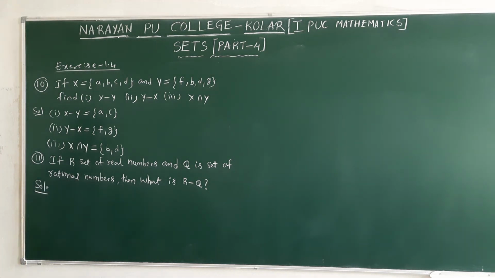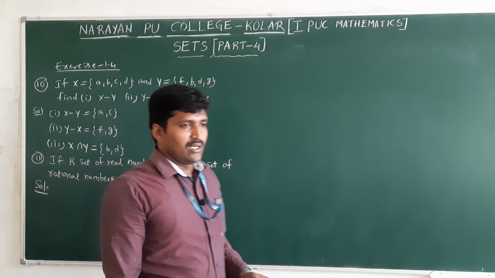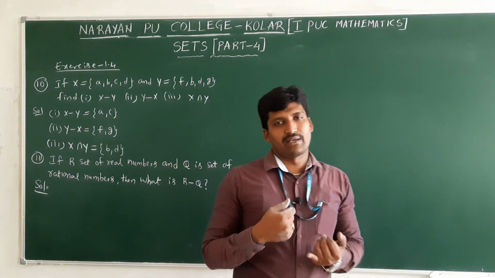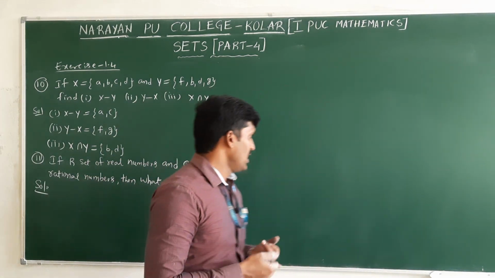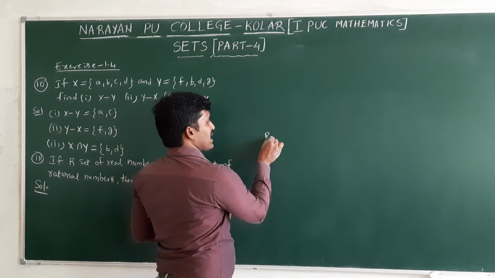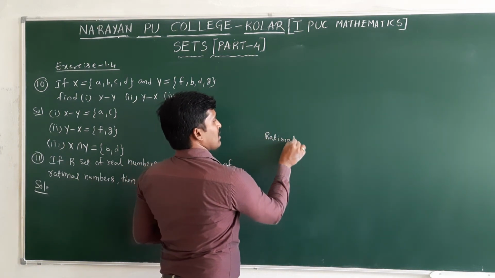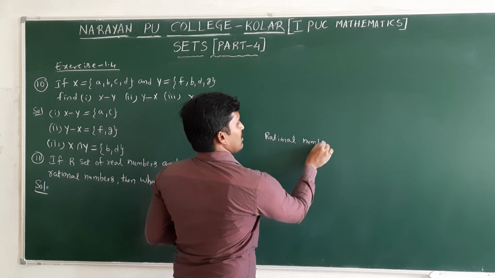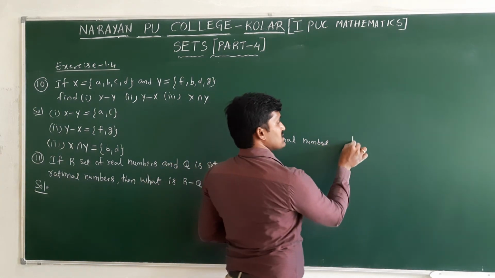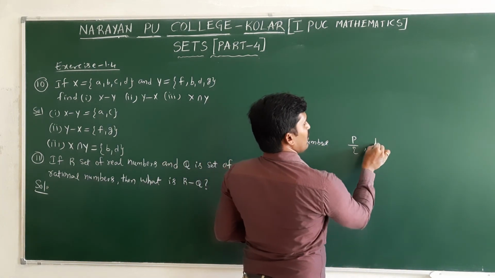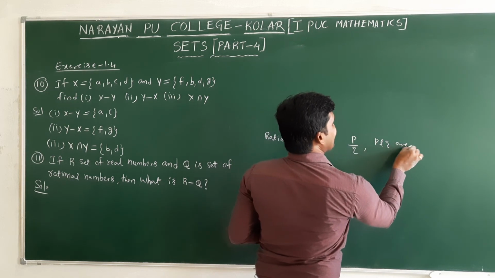Now one thing to remember: real numbers means the combination of rational and irrational. First of all, what is the meaning of rational numbers? A rational number is a number in the form of P by Q, where P and Q are integers.